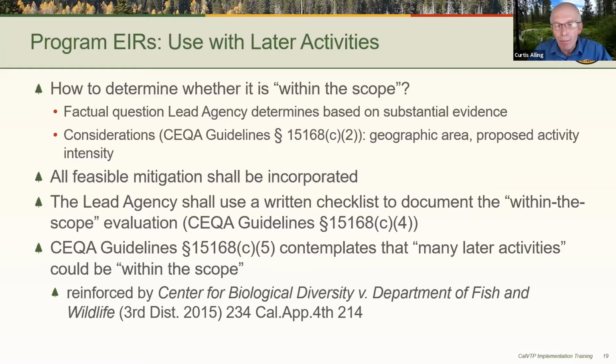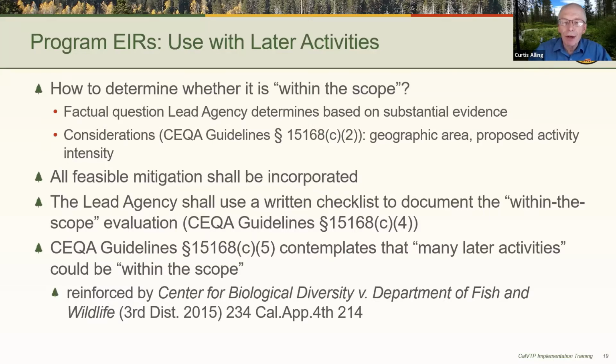Essentially, if a project proponent, the public agency, has substantial evidence to demonstrate that the project qualifies as within the scope, and they make that determination and there's an objection to that, as long as they have substantial evidence, the court should decide in favor of the public agency. So that's a strong benefit of this approach.